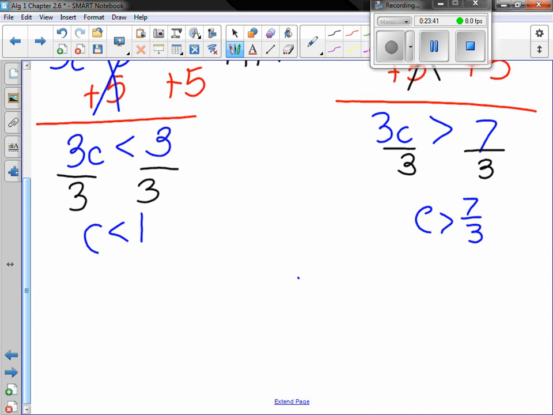What is 7 divided by 3? 2.3 repeated. So it's bigger than 1, yes? For it to be 1, well, 3 over 3 is 1, yes? So if the numerator is bigger, then the fraction is greater than 1.